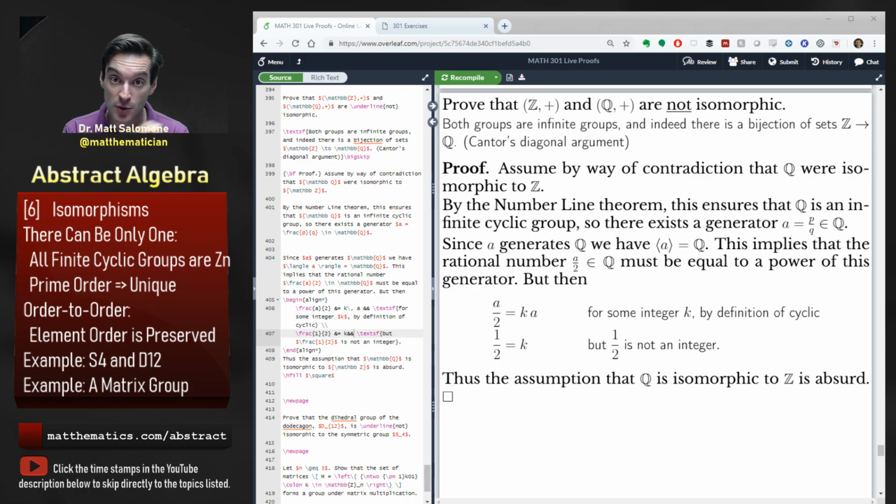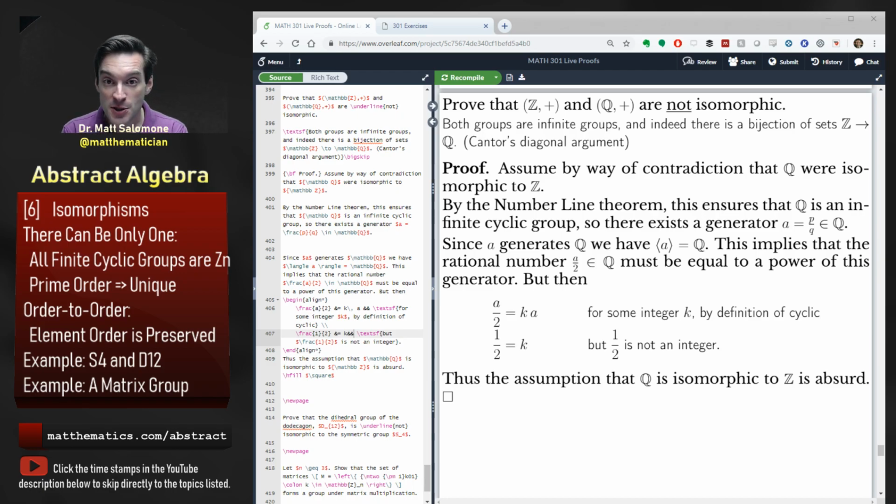We also showed that isomorphisms preserve the order of elements, and we can use that fact to find a lot of differences between 2 groups that superficially might seem like they should be the same, but if we find a difference in the orders of elements, those groups cannot be isomorphic for that reason. We also showed that S4 was not isomorphic to D12, because D12, the dihedral group, had an element of order 12, but S4, the symmetric group, did not. Its only element orders are 1, 2, 3, and 4.